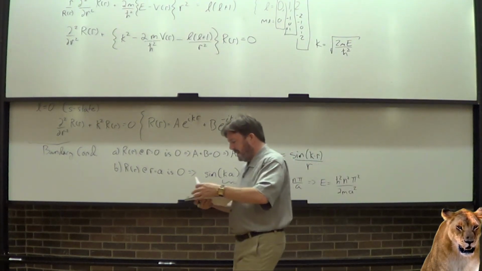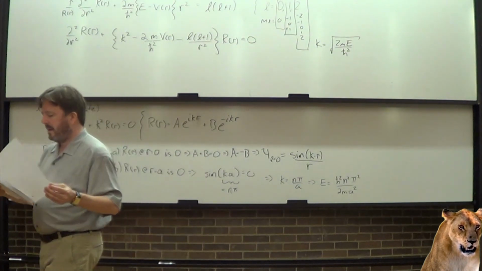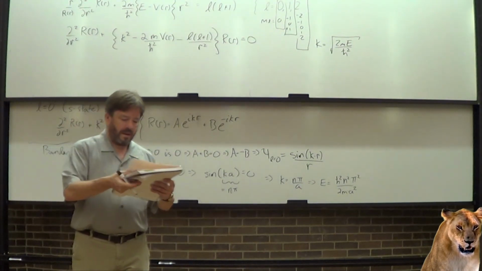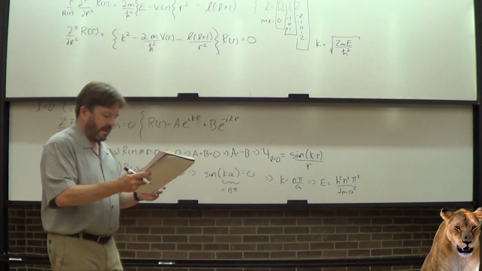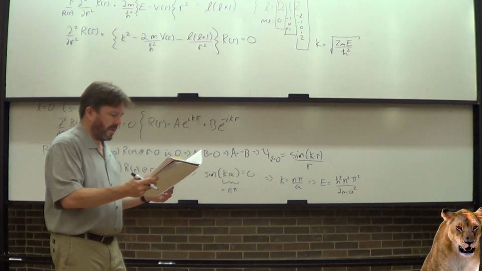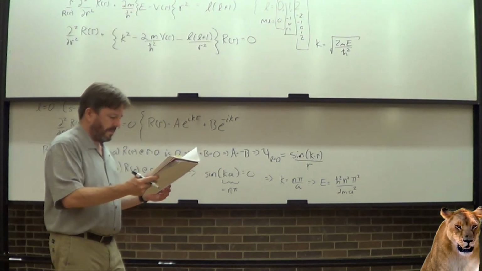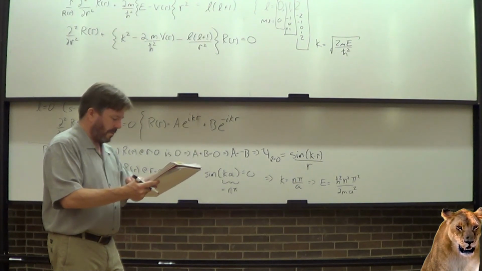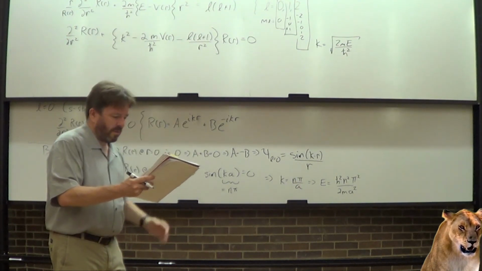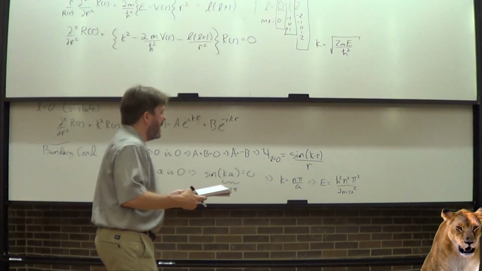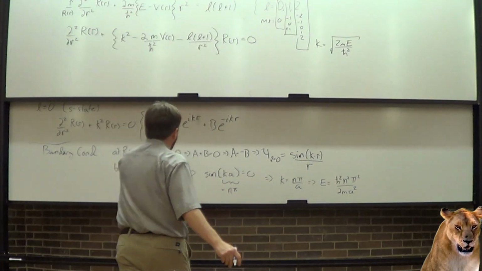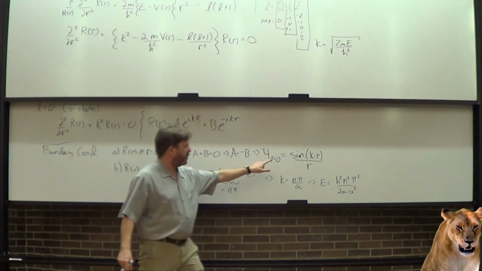There we go. Where n is a radial quantum number. Well, you can normalize the thing. Yeah, let me point out, I should kind of be saying that this is an approximate solution.